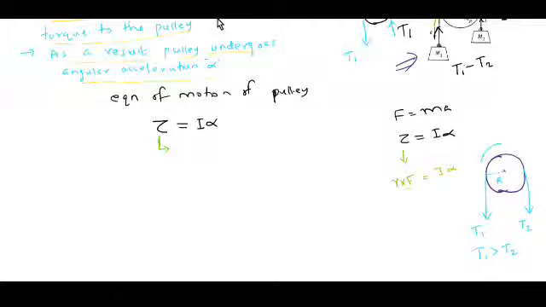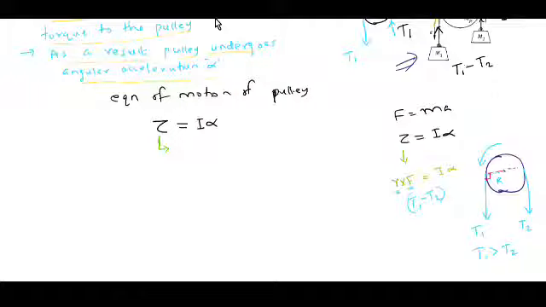Therefore, it starts to rotate along this direction, and the rotating force, that is the F here, is nothing but T1 minus T2, and R is this one, and the angle between these two is 90 degrees.